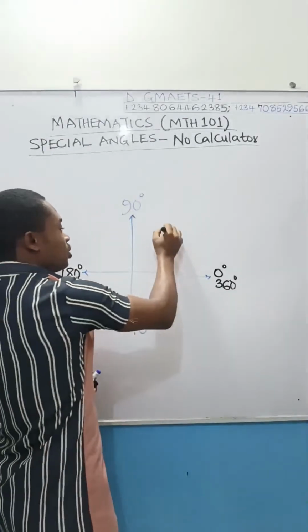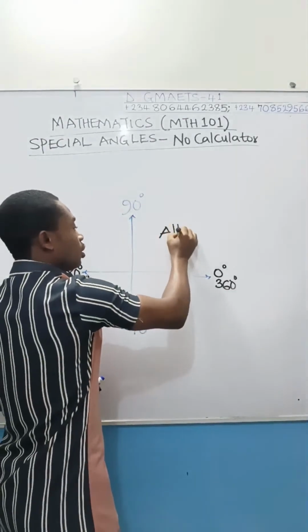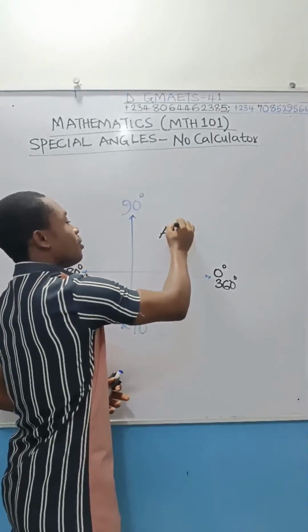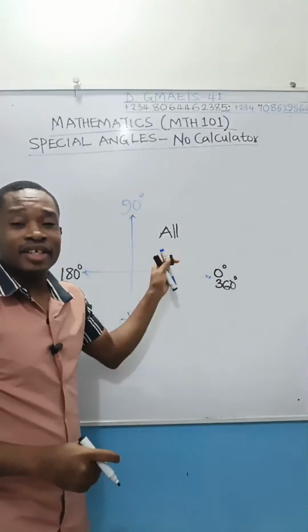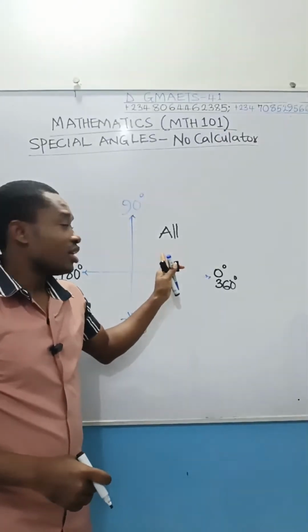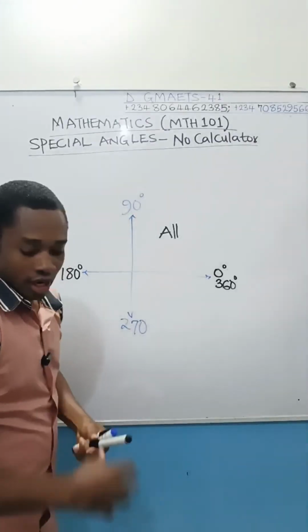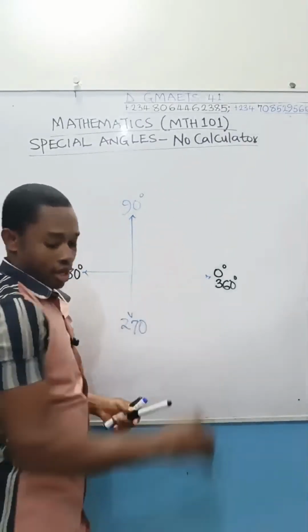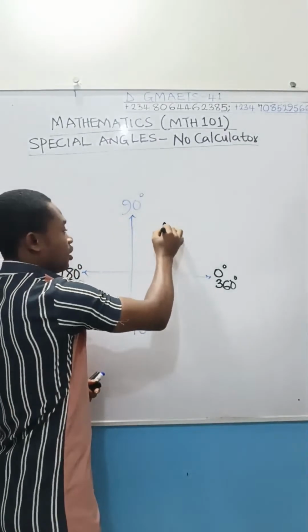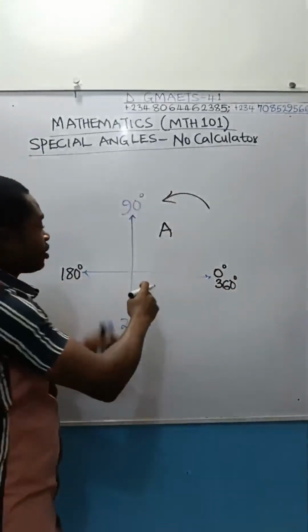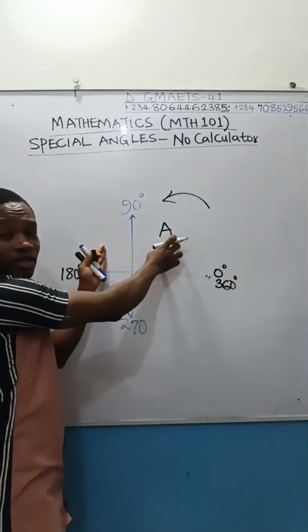Now here, we call it All. Let's say this "All" here means sine, cos, and tan all have the same sign here. Let me use A. Then if you turn this way, anti-clockwise, this is your first quadrant.